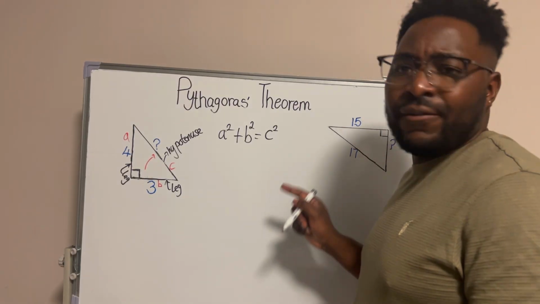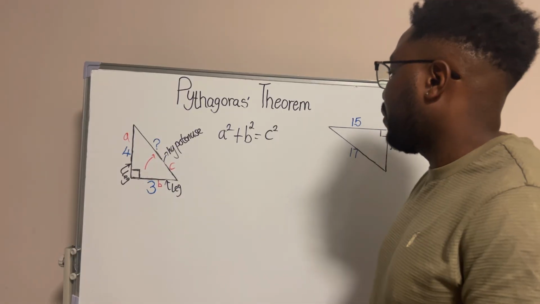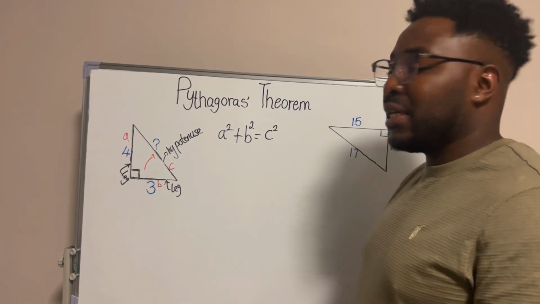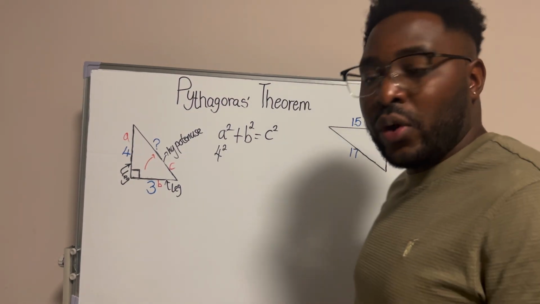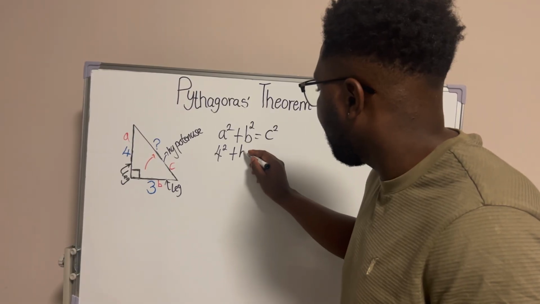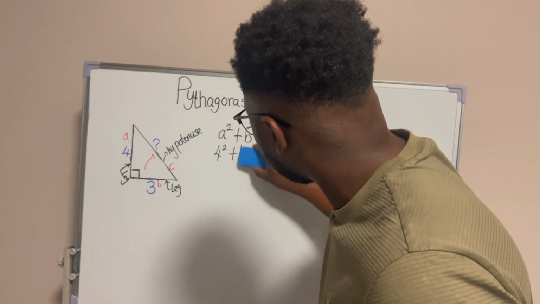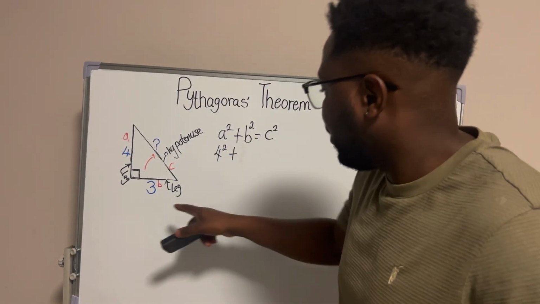So all we have to do now is to substitute the lengths that we have already. So A squared over here, we know our A value there is what? Is 4. So that would be 4 squared plus, sorry, allow me to just erase that, plus, yes, plus our B value is what?